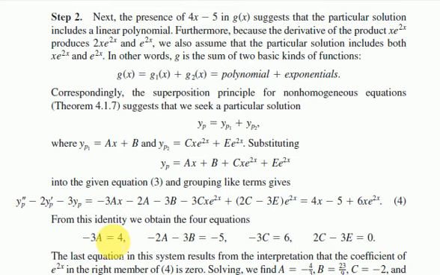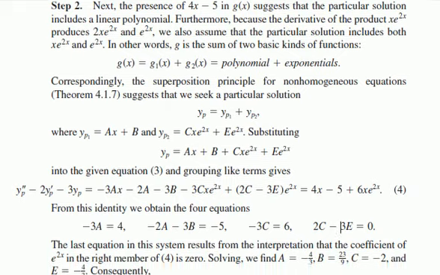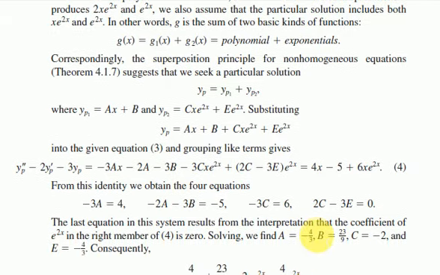After calculating a, b, c and e, the undetermined coefficients, we have their values. A is minus 4 by 3, b is 23 by 9, c is minus 2 and e is minus 4 by 3. We calculated a, b, c and e.